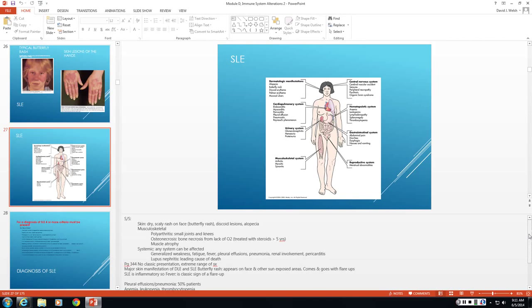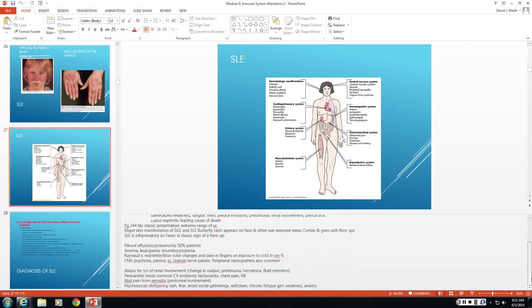Now, pleural effusions or pneumonia usually occur in about 50% of the patients. They also have problems with anemia, leukopenia, thrombocytopenia. It can cause Raynaud's, which is red, white, and blue color changes, and pain in the fingers on exposure to cold in small percentages.